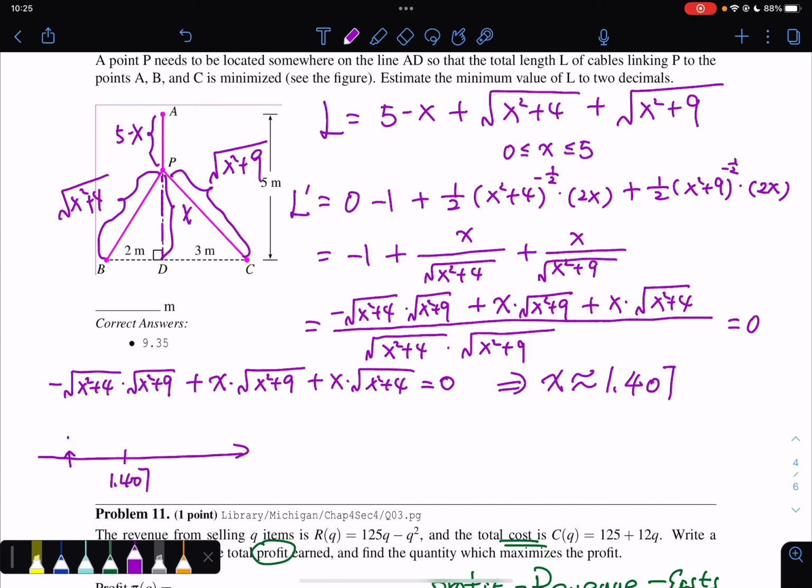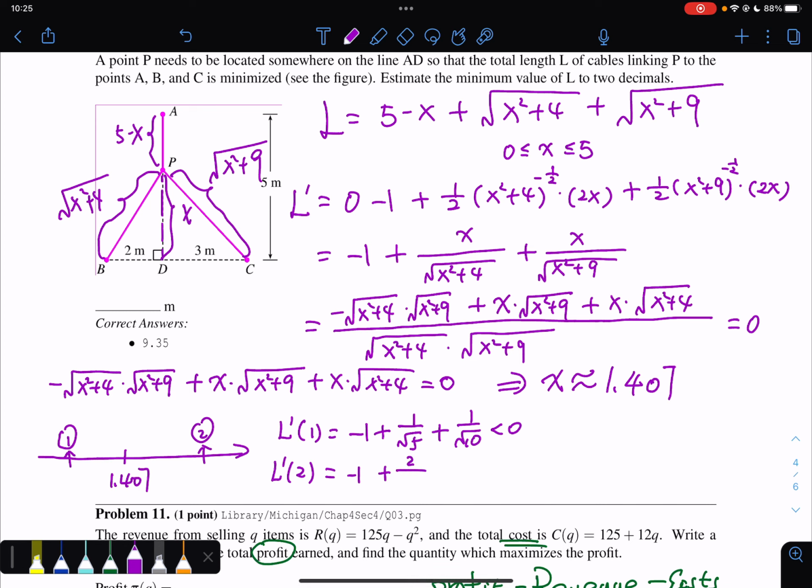So if I were to plug in 1, if I were to plug in 2, the derivative when I plug in 1 is -1 plus 1 over root 5 plus 1 over root 10, which is less than 0. L prime of 2 is -1 plus 2 over root 8 plus 2 over root 13.